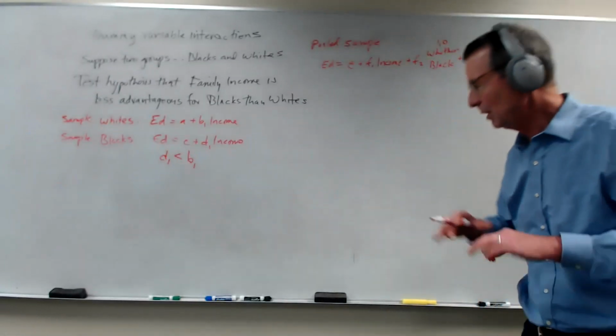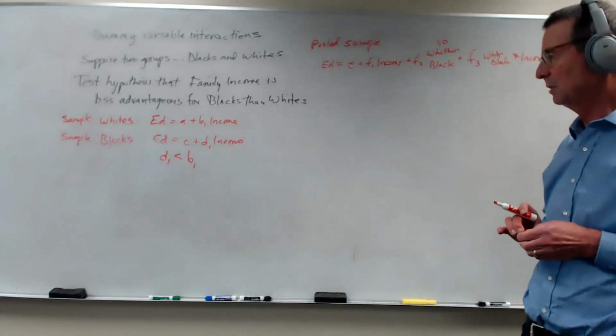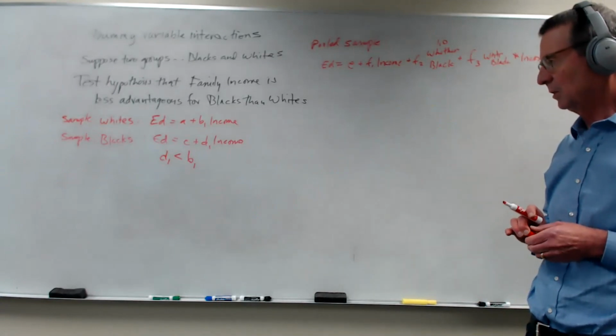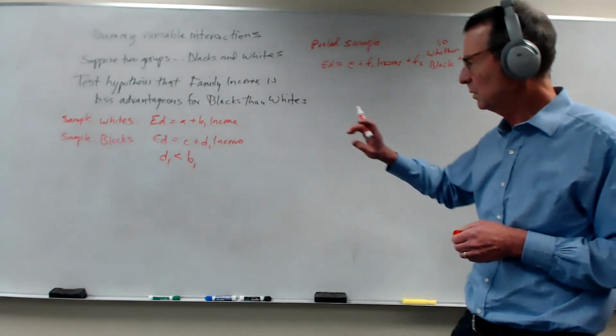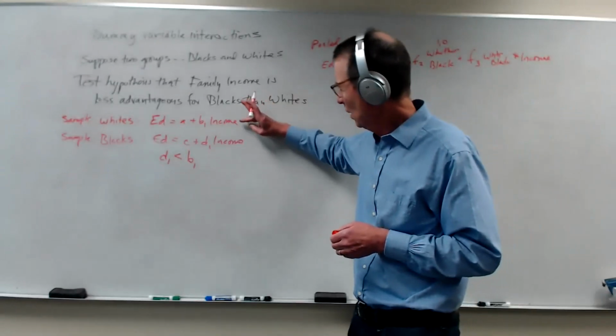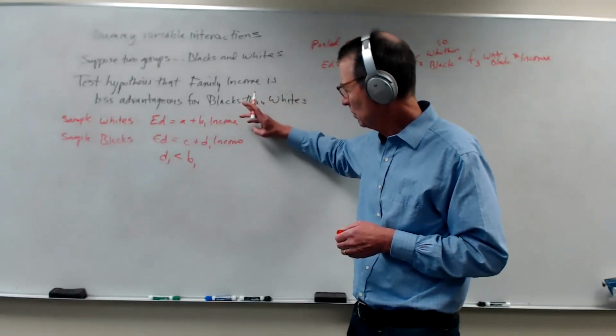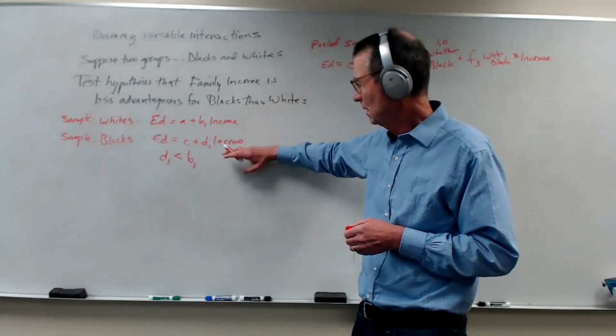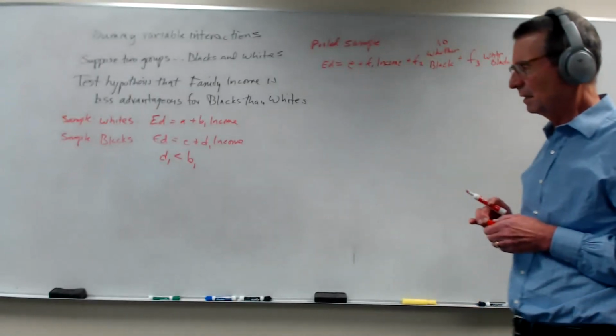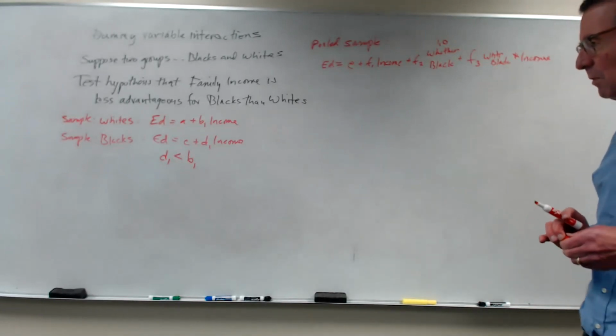Right? I say effect, it's really an association, but you get the picture here. So we've got two groups and we want to know whether the coefficient for one of the groups on a key variable of interest is different from, in this case, less than the coefficient on that variable for the other group.